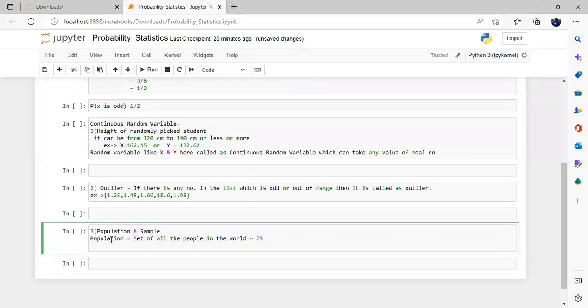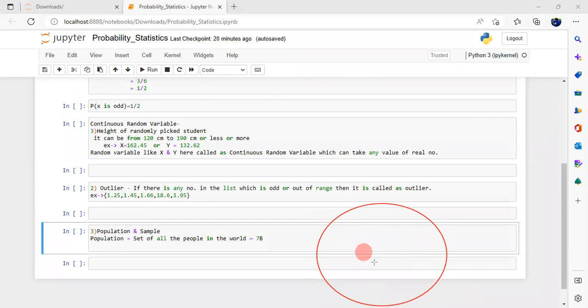And your subset, the sample, is nothing but, let me show you. For example, this is your complete population or complete set, and this subset is called the sample.